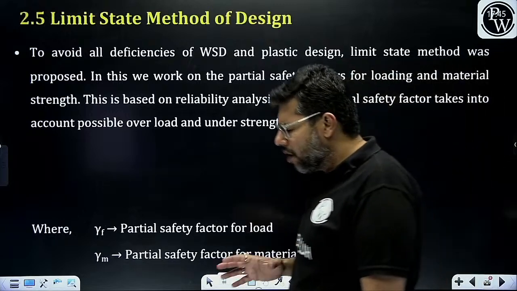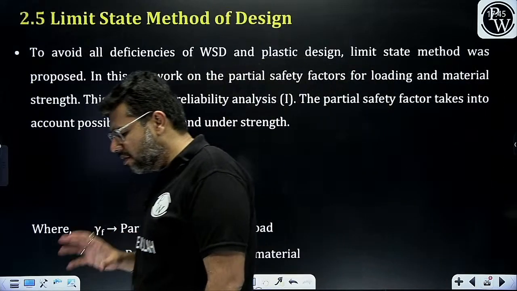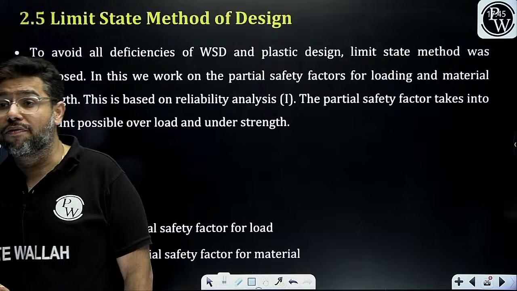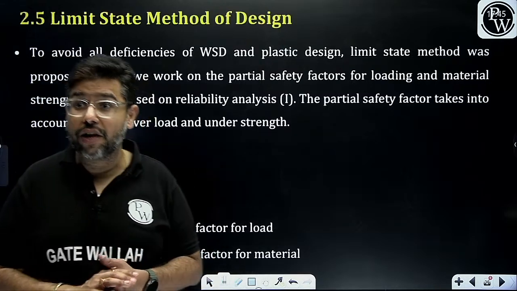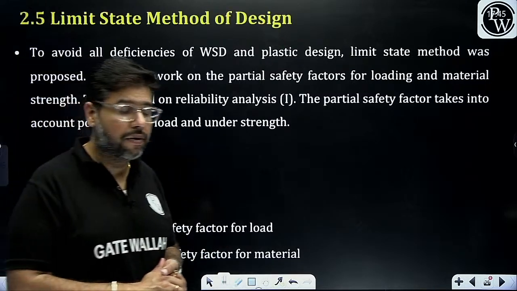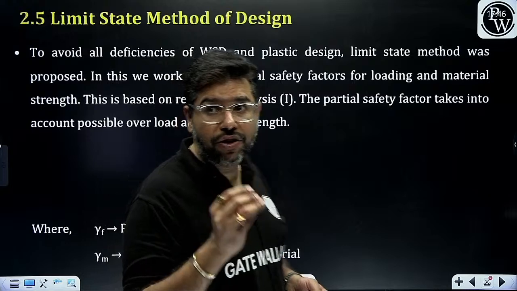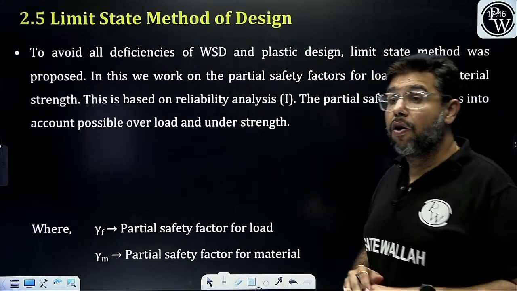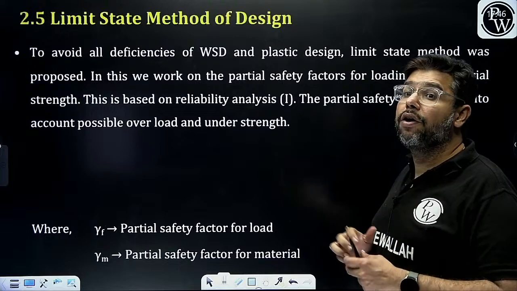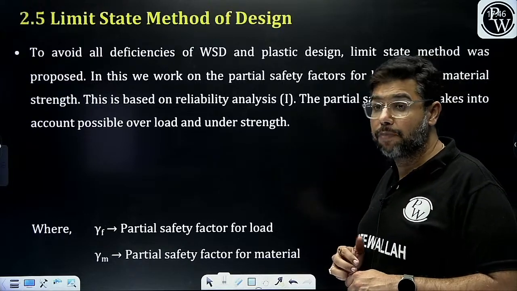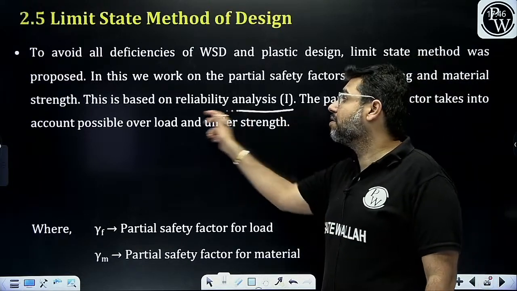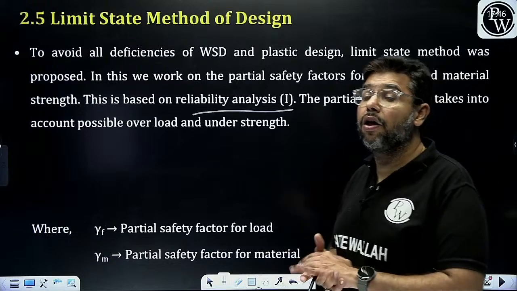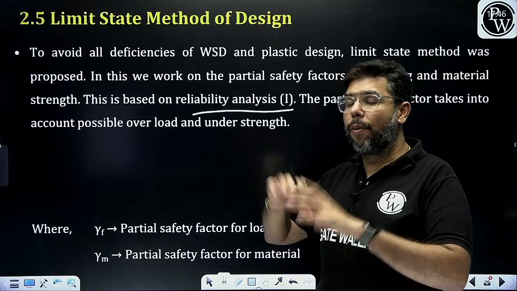So, whatever limitations were there in the working stress design as well as the plastic method of design were all removed with the limit state method of design. Here we work with partial safety factors, and these partial safety factors are statistically calculated using reliability analysis part 1. This reliability analysis is a mathematical probabilistic model.